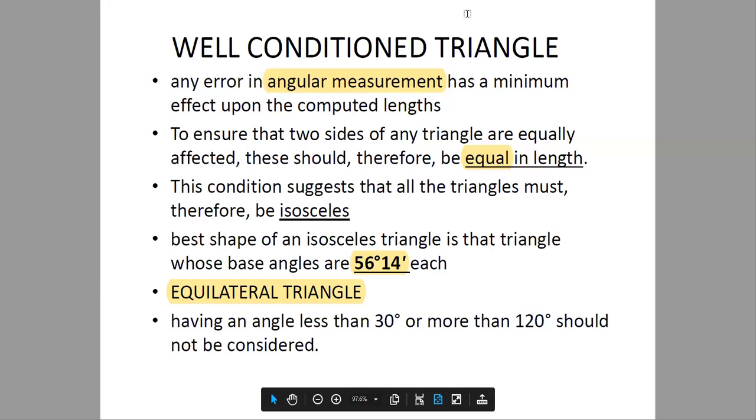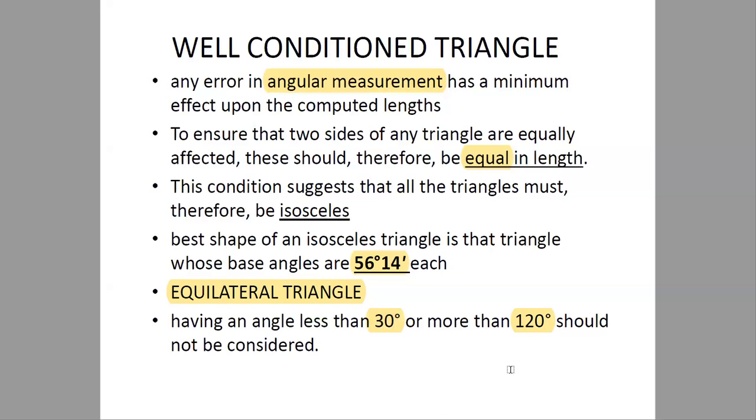Okay, both of these relations are quite comparable. If some angle is more than 120 degree, then one of the other two angles must be less than 30 degree. It's obvious. If we have one angle more than 120 degree, then there is a chance that one or more angles may be less than 30 degree.